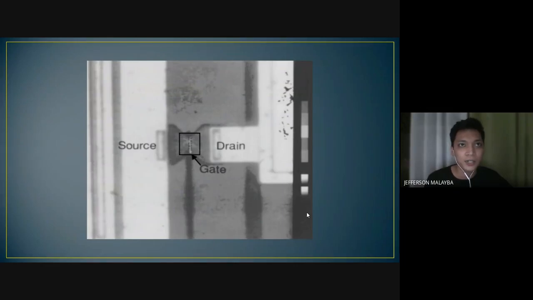Yung electron natin, pag gumagalaw siya, magkikreate tayo ng photon emission na nadetect ng PEM natin. And itong example na to is yung transistor natin na 'to is naka-saturation mode siya. So, even though hindi siya nagka-conduct ng electricity or naka-off na yung transistor natin, meron siyang saturation mode yung transistor natin which is a defect pa rin.